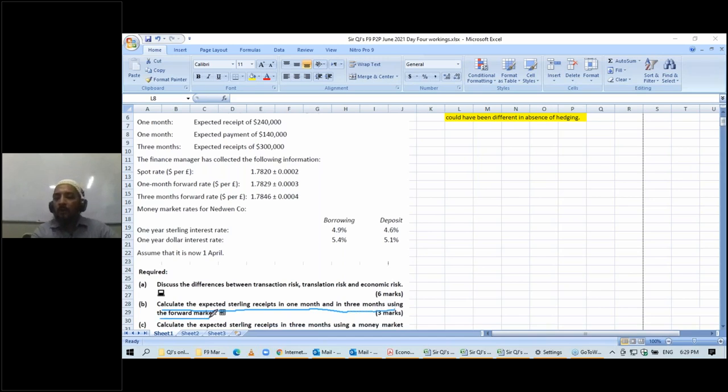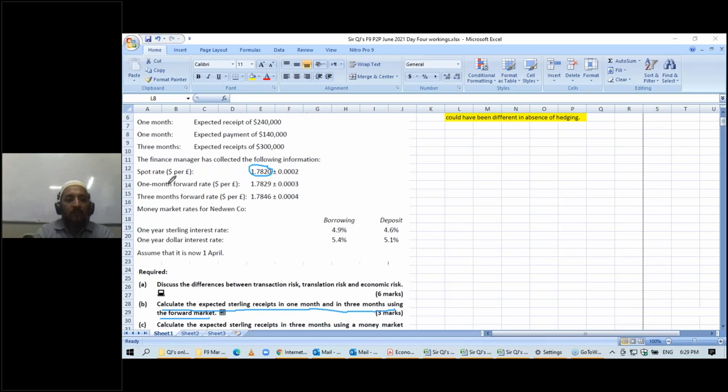So forward, what do we mean by forward market? That we go to the bank and we ask the bank to agree a rate at which the bank will exchange the foreign currency at a future date. Like the spot rate over here is 1.7820, right?